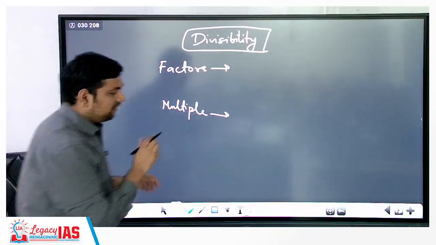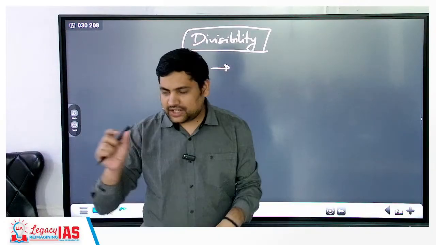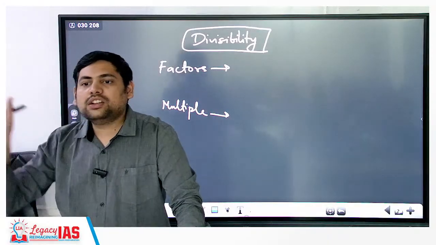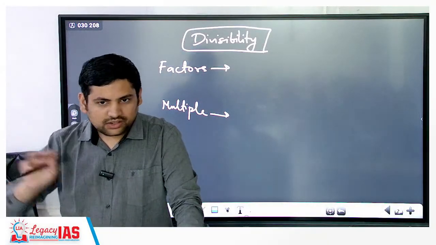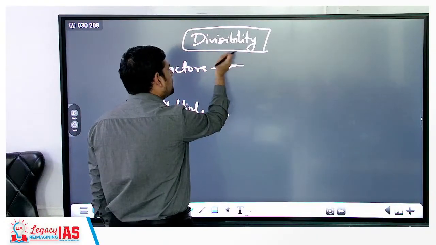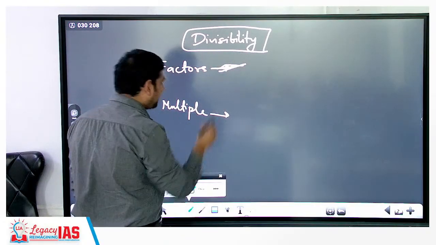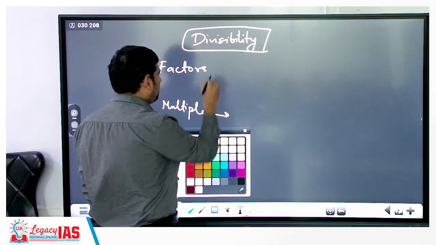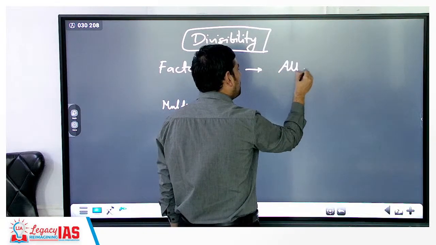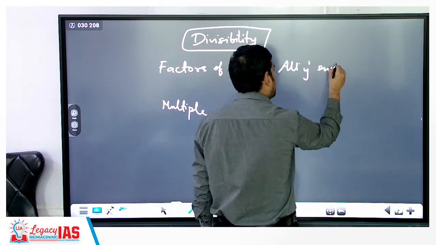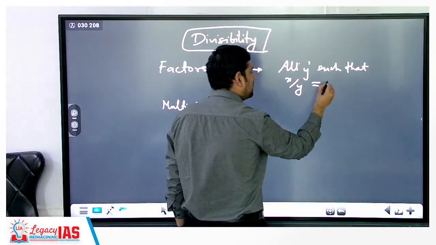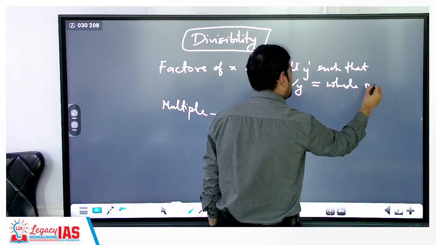For example, if there is a number x and y divides it in such a way that it yields a whole number, we call y a factor. So factors of x will be all y such that x by y is equal to a whole number.